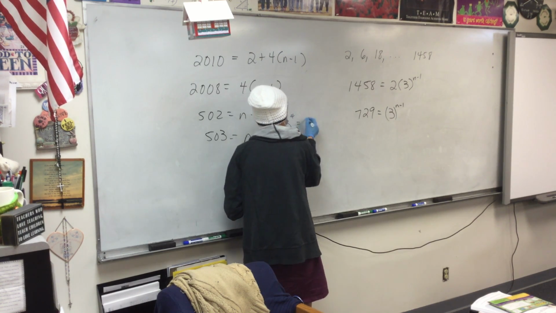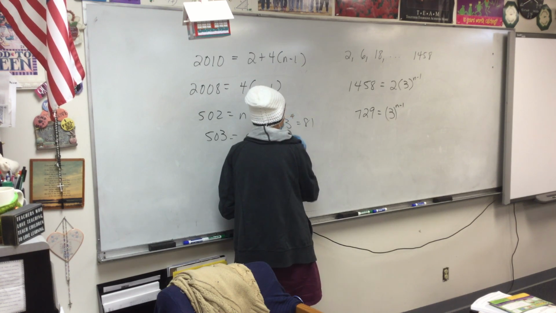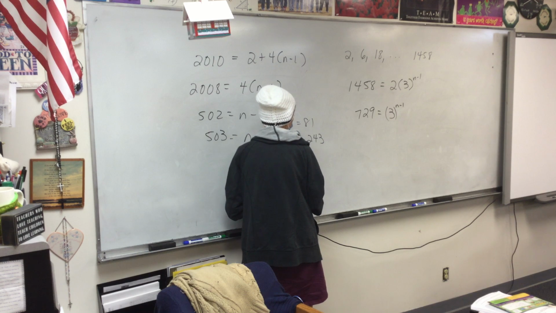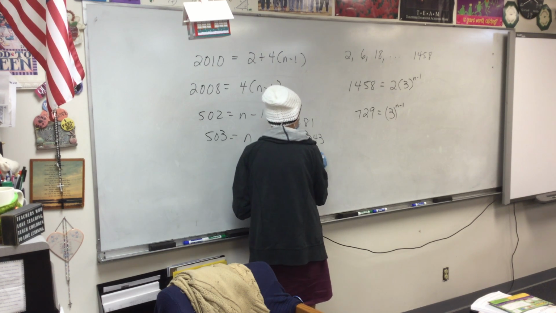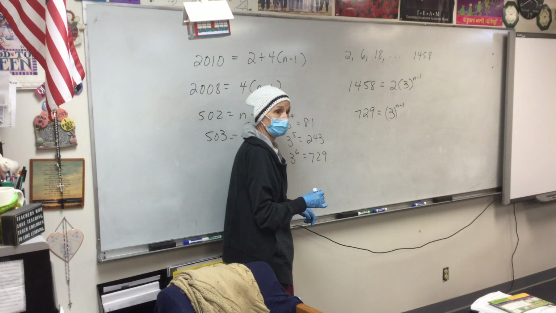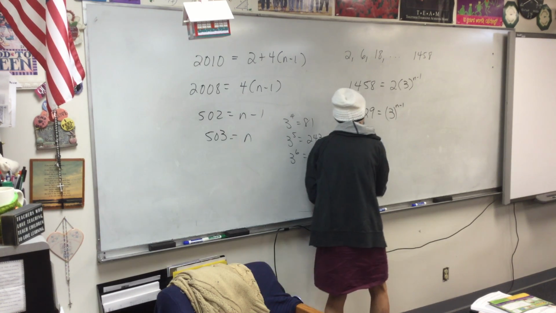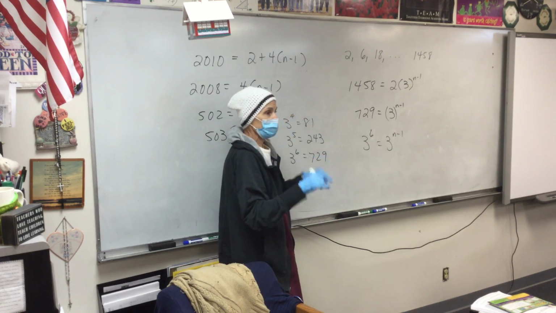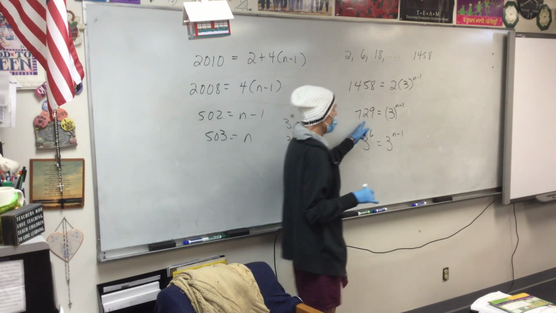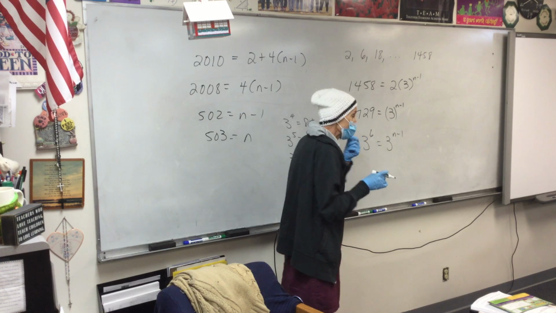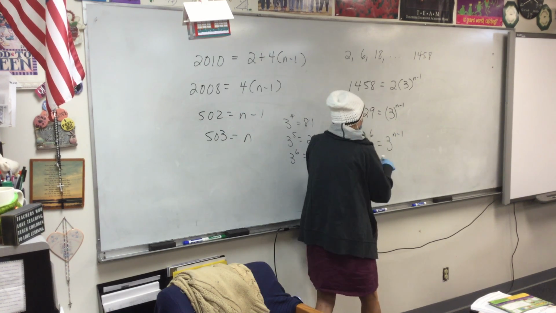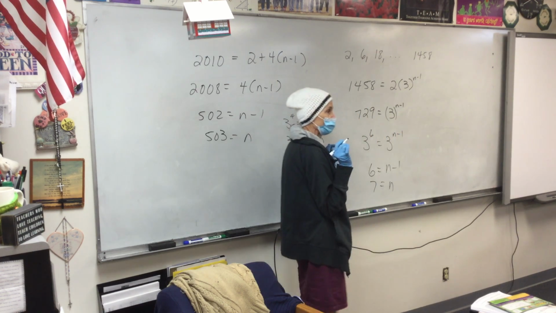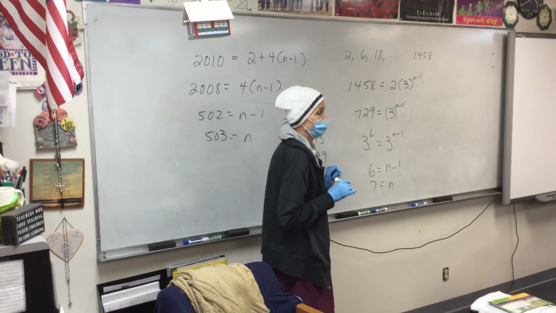I know 3 to the fourth is 81. So 3 to the fifth would be 243. And 3 to the sixth is 729. So this number is 3 to the sixth. If it's a term, that will always have to be the case, because I have to be able to say whole number equals n minus 1, so n turns out to be a whole number.